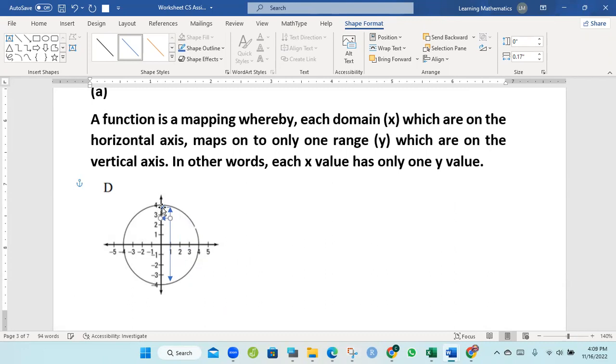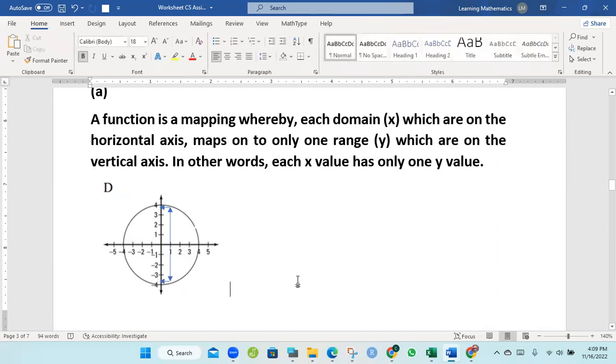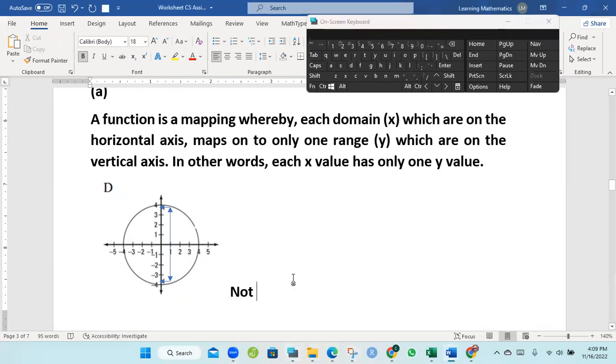So clearly, this mapping, this graph, this mapping is not a function, because look at an x with 2 y's. It is not a function, because we have found an x. 1 alone suffices. We have found an x with more than 1 y.